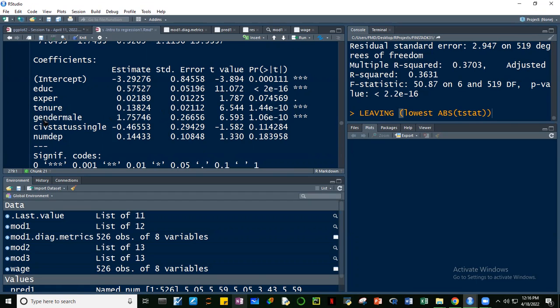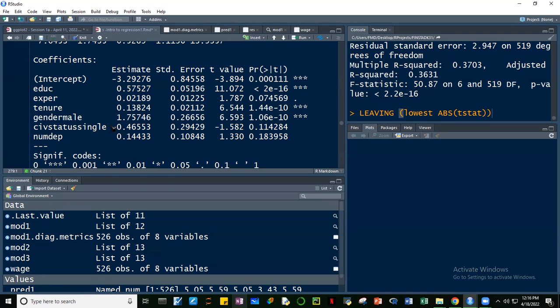Okay, so here, gender male, tenure then significant. For every 1 year increase in tenure, there's a corresponding 13 or 14 centavos increase in hourly wage. Ceteris paribus, or all things being the same. Statistically significant siya.